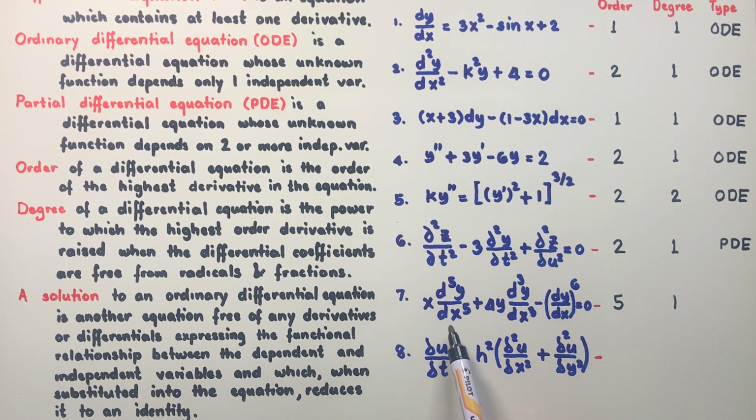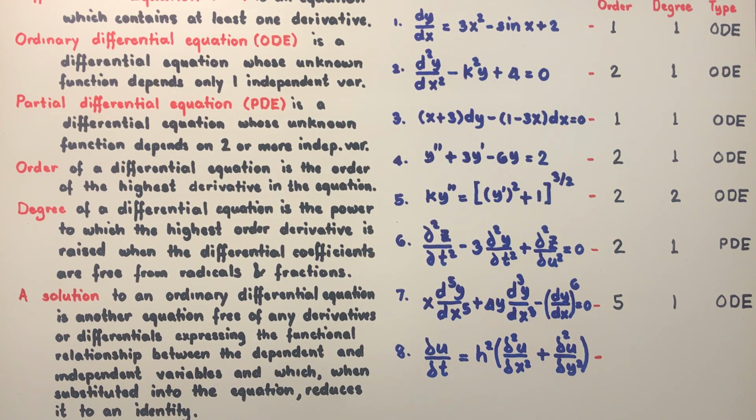The highest order derivative is this one. And since the exponent of this fifth derivative is only 1, then therefore this is of degree 1. And what type of differential equation is this? This is an ordinary differential equation.